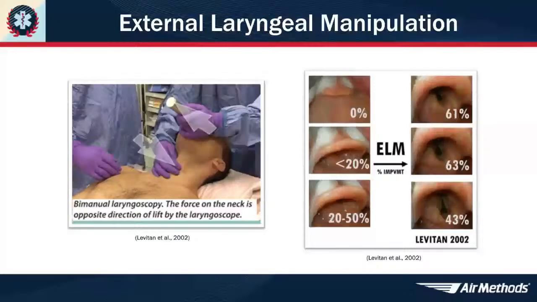The cricoid ring is down below the thyroid structures there. And basically what you're wanting to do is push down on that lower portion. What it does is it rocks the airway up with the hope of bringing it into your line of sight to be able to put the airway in place.